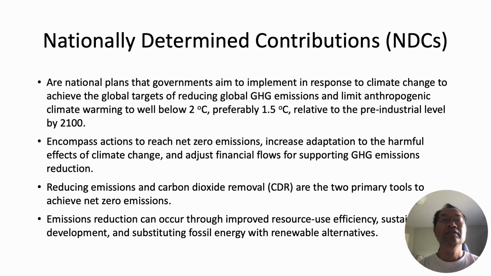Nationally determined contributions, abbreviated to NDCs, are national plans that governments aim to implement in response to climate change, to achieve the global targets of reduced greenhouse gas emissions and limit anthropogenic climate warming to well below 2 degrees Celsius, preferably 1.5 degrees Celsius, relative to the pre-industrial level by 2100.